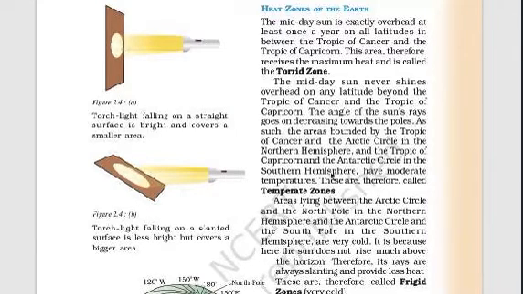Here the angle of the sun rays keeps decreasing towards the pole. So in the northern hemisphere we have the north temperate zone, and in the southern hemisphere we have the south temperate zone. Now our third heat zone is called the frigid zone. The area in the northern hemisphere between the Arctic Circle and the North Pole, and in the southern hemisphere the area between the Antarctic Circle and the South Pole, is known as the frigid zone.